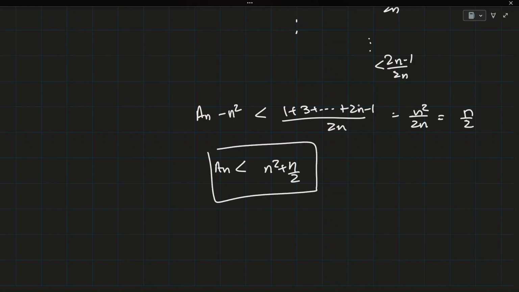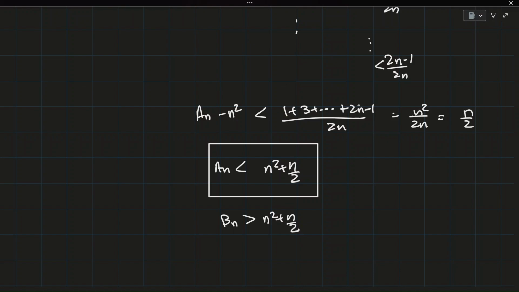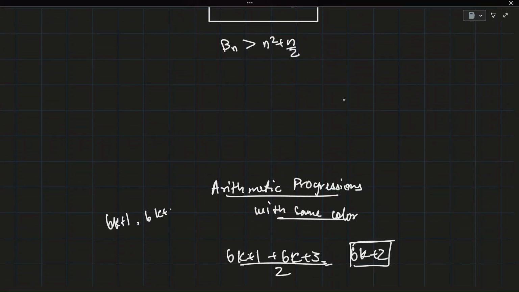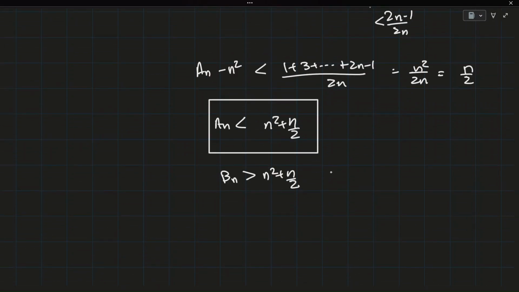This is the inequality we have. Performing a similar calculation on bn, we get that bn is greater than n square plus n by 2. So this makes it clear that greatest integer an cannot be equal to n square plus n by 2.